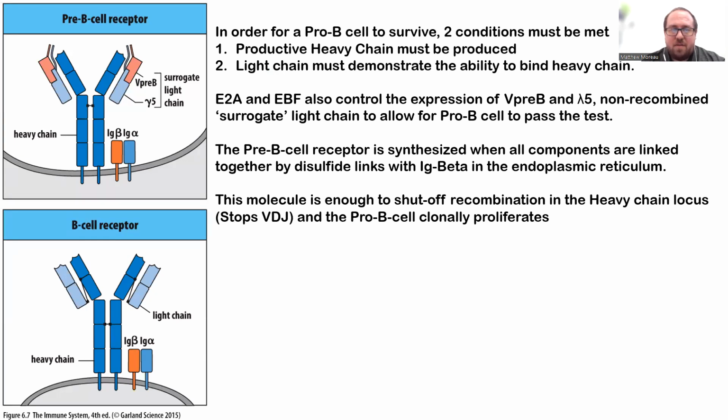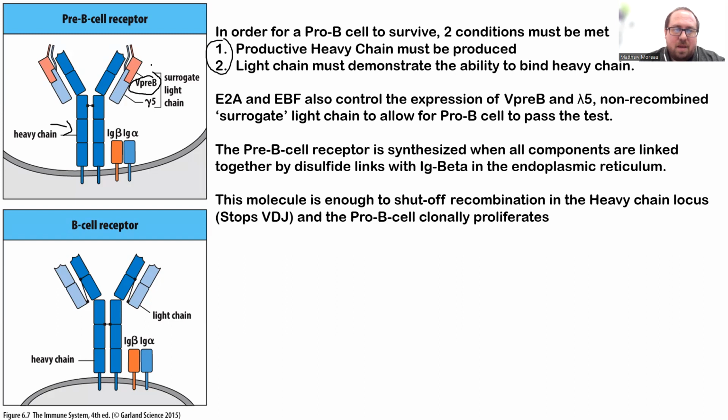These are the first two things that have to happen for the B cell just to survive, before it interrogates human-specific antigens to see if it needs to be eliminated. So first we get the rearrangement of the heavy chain, and the heavy chain is then bound to something called V-pre-B.